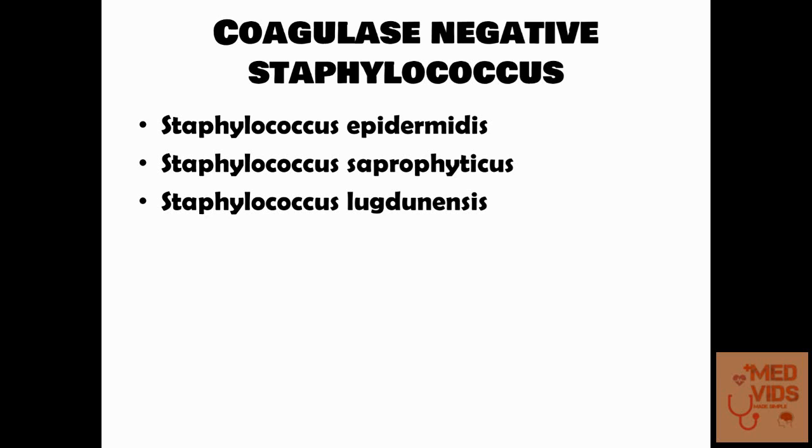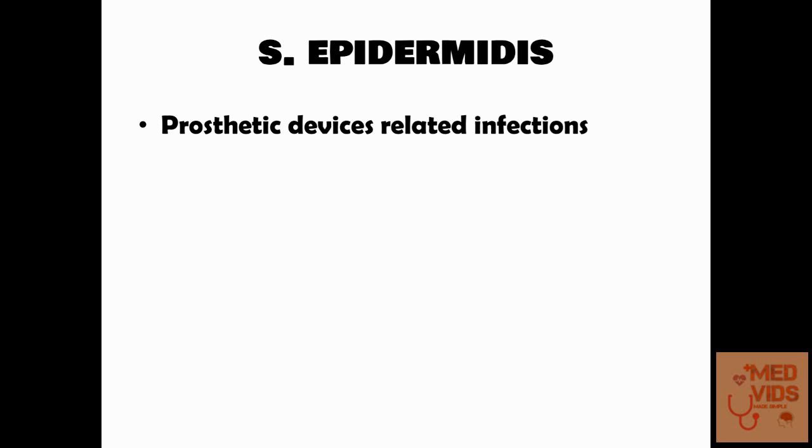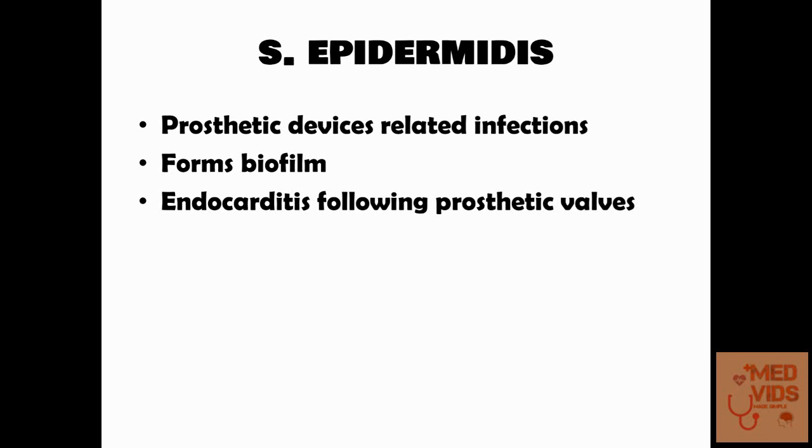All right. So let's talk about Staphylococcus epidermidis in a bit more detail. The most common infection caused by them is prosthetic device related infections. For example, they are known to form biofilms over prosthetic devices like prosthetic valves, and so they are known to cause endocarditis following prosthetic valves.